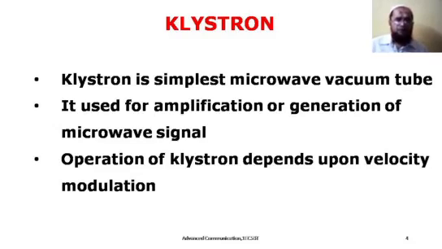Then we have velocity on one side and modulation on the other side. Velocity as well as modulation are two different things. Velocity is confined to speed and modulation is confined to variations. So from these two different terms, we need to understand one fact.